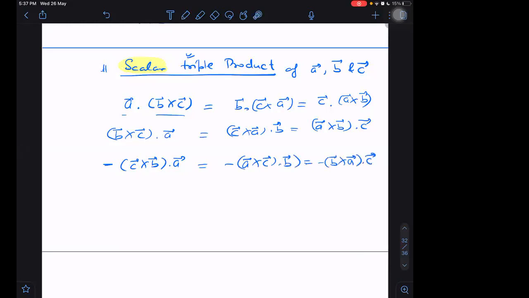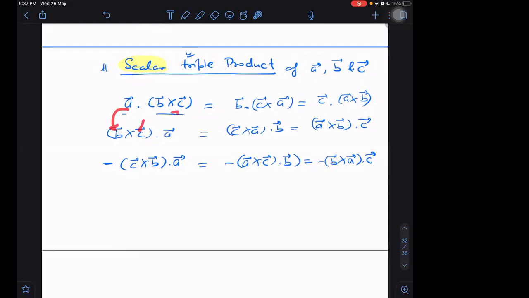Now it appears to be complicated. There are so many expressions. How will we remember? It is so simple. Cyclic order: ABC, BCA, CAB. It follows cyclic order, and just put dot, cross in between. And from here we can follow this also. This will mean the same thing as this, because A dot B cross C is the same as B cross C dot A. And you can notice one more thing.